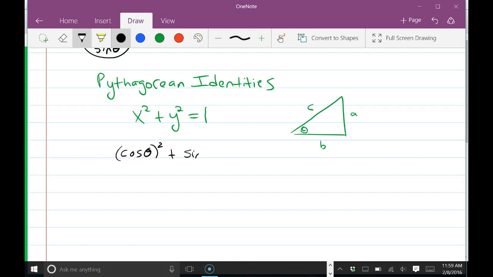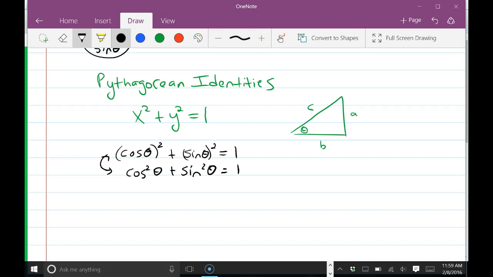So we can think of this as sine of theta squared equals 1. For some reason in trig, instead of writing it as something squared, when we square cosine, we write it as cosine squared plus sine squared. These two statements are equivalent.